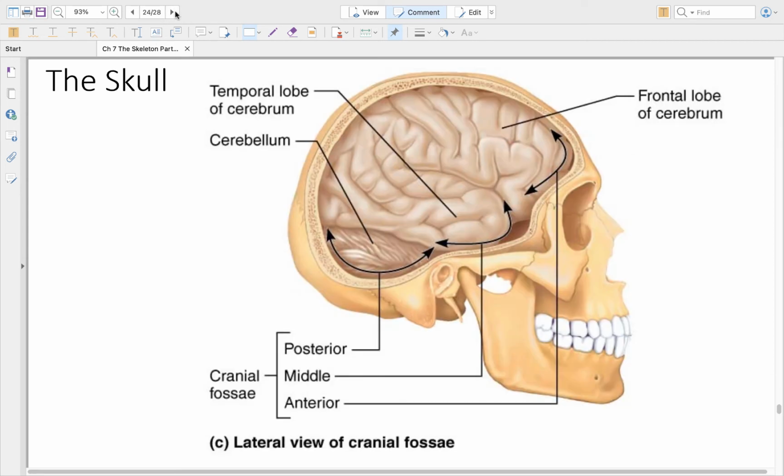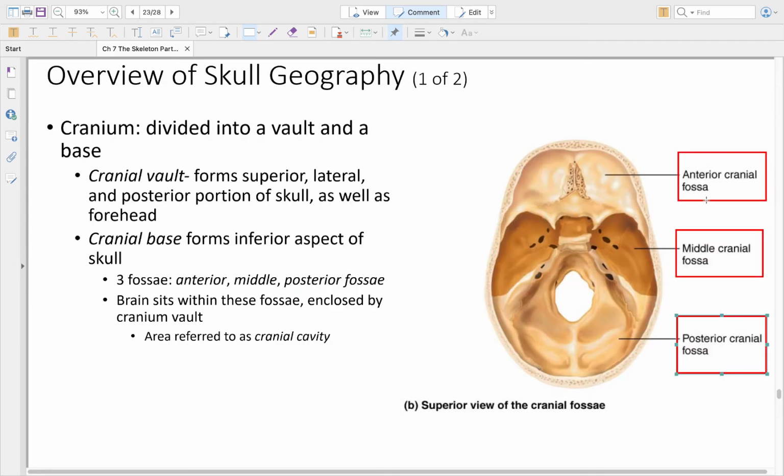And this gives us a good image of the brain sitting inside of the skull, and how the frontal lobe is sitting right in the anterior cranial fossa.